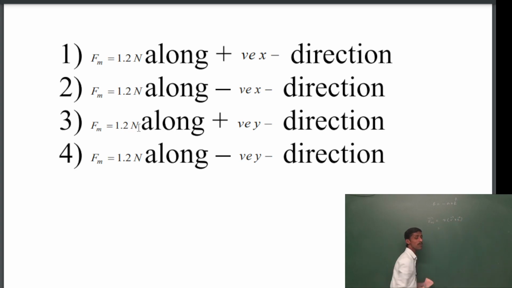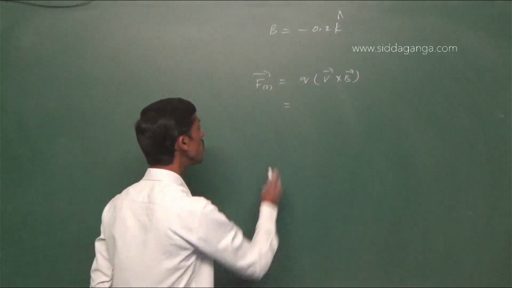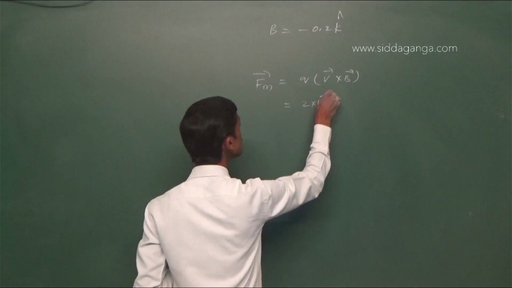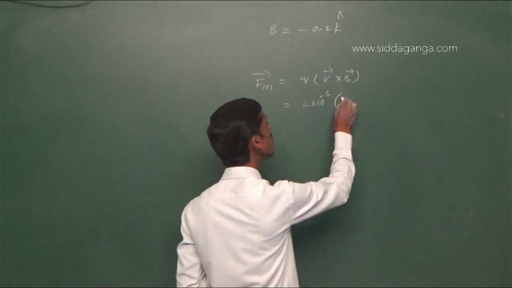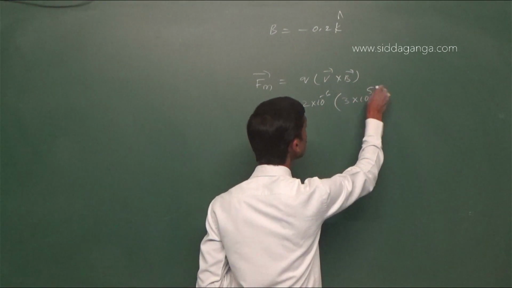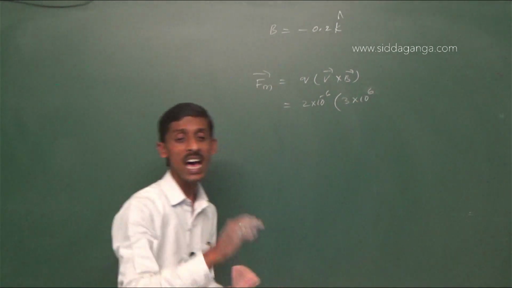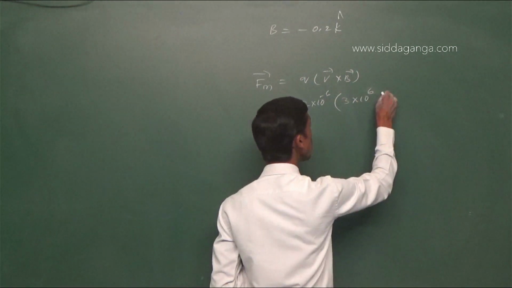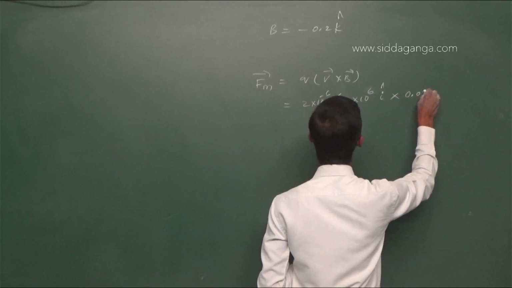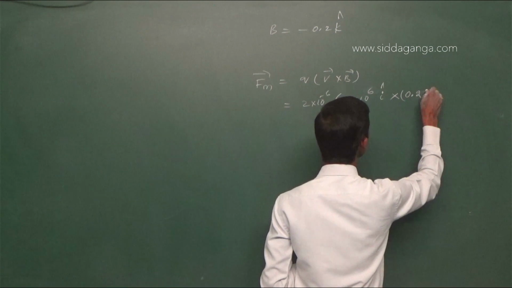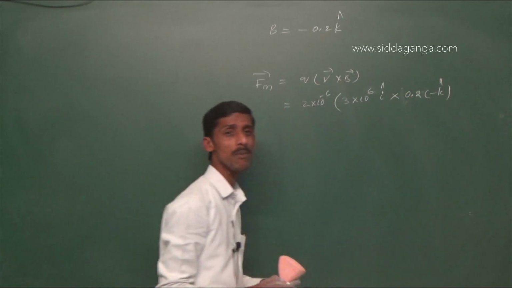What is the charge of the particle? 2 microcoulomb, so 2 into 10 raised to minus 6. How is it moving? With the speed 3 into 10 to the power of 6 meter per second along the positive x direction, so i cap, cross the magnetic field. What is the value of the magnetic field? 0.2 Tesla, whose direction is along the negative z direction, minus k cap.